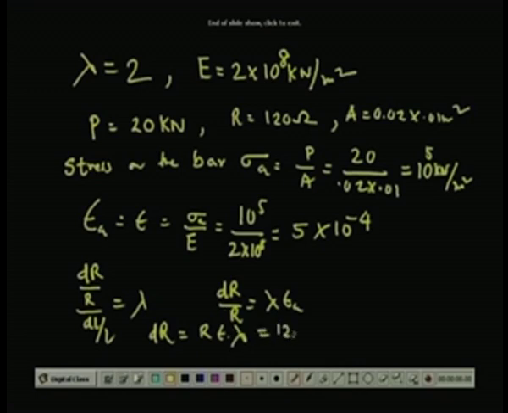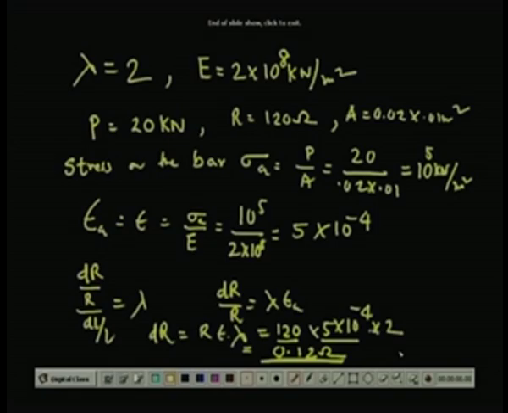So, it is 120 into 5 into 10 to the power minus 4, where 5 into 10 to the power minus 4 is the strain, multiplied by the gauge factor, which is 2. So, this will give you change of resistance 0.12 ohm. So, the answer is 0.12 ohm.